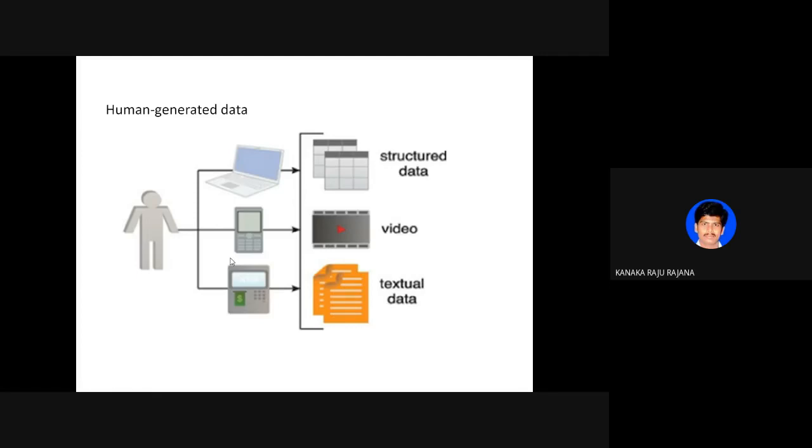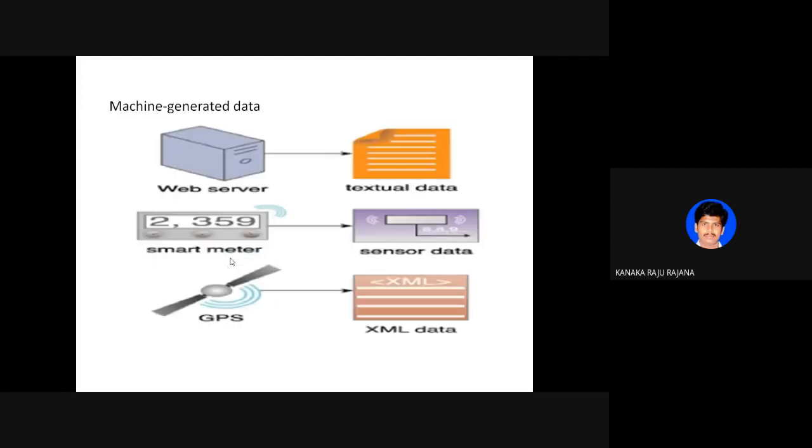Is this clear? Similarly, we may have machine generated systems also. So this is the machine generated data. Now see the difference from human generated data, where we saw structured data, either a video, text data, or a relational database. Now, machine generated data means the machine itself generates the data.